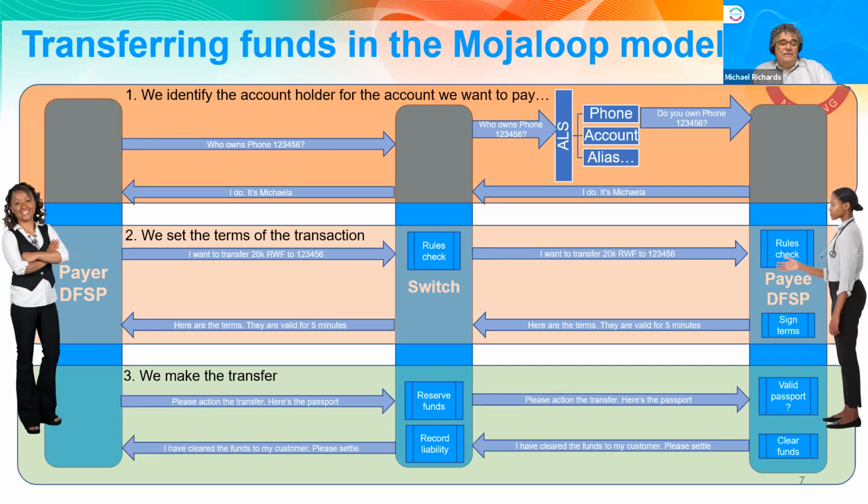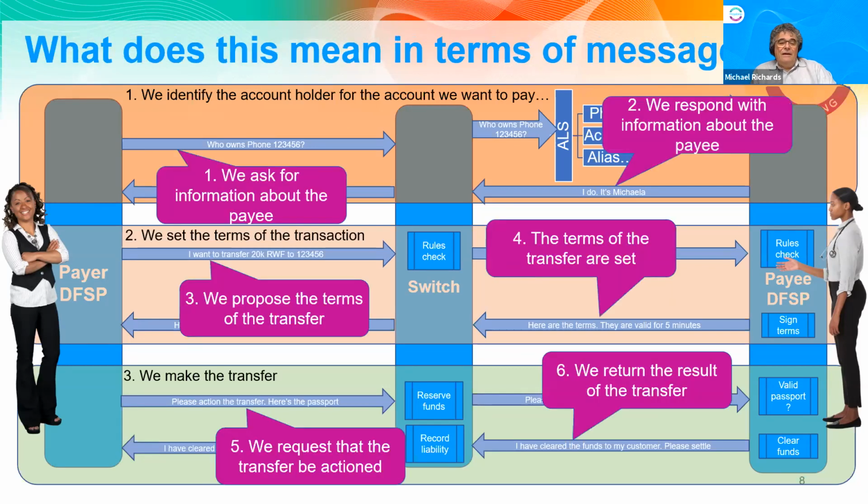The switch will commit them, and it then sends the message back to the payer institution, which will finally commit the debit from its customer's account. So that's the way we do things, and that just emphasizes that.